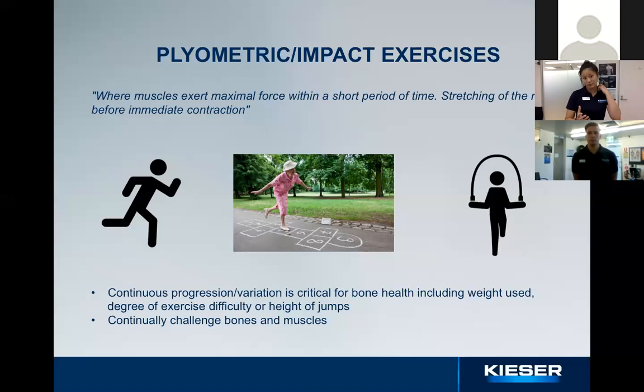That is really important to ensure that we're continually challenging the bones and the muscles. Research has demonstrated that a good starting place might be doing about 3 sets of 10 repetitions of just basic jumping, straight up and down, not aiming for any height or anything like that. That could be a good starting point.